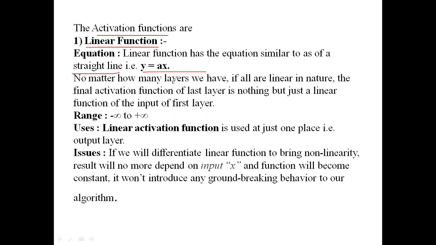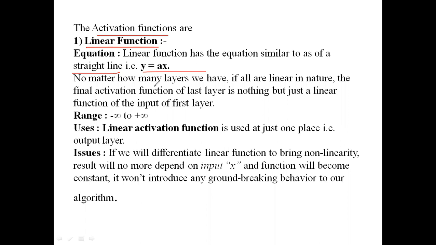No matter how many layers we have, if all are linear in nature, the final activation function of the last layer is nothing but a linear function of the input of the first layer. If you supply inputs as linear activation functions at the place of input, you are going to get straight lines only.